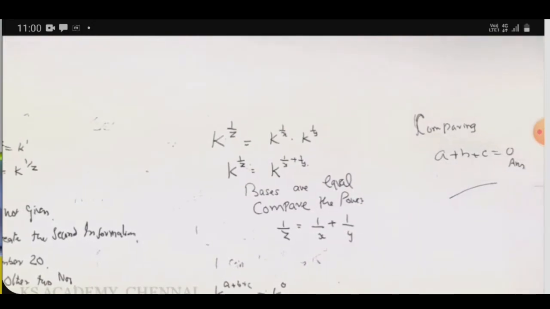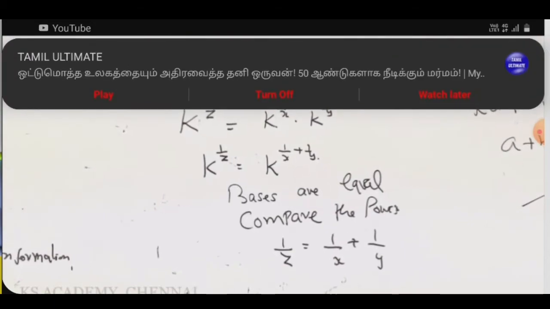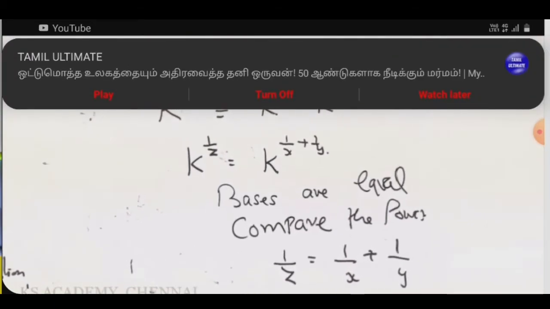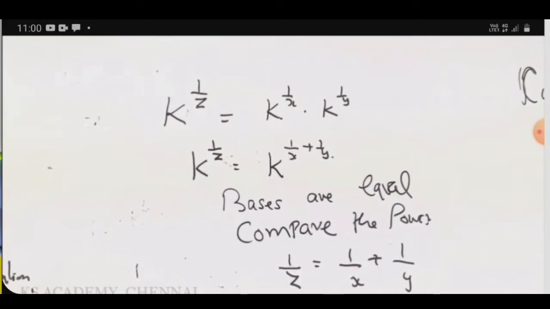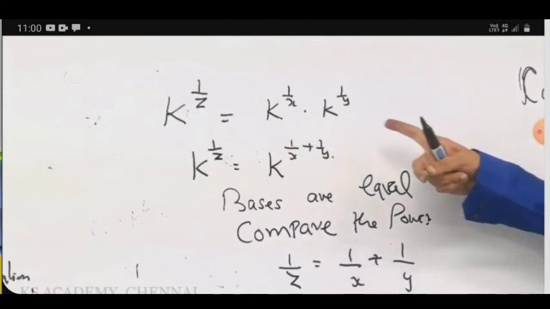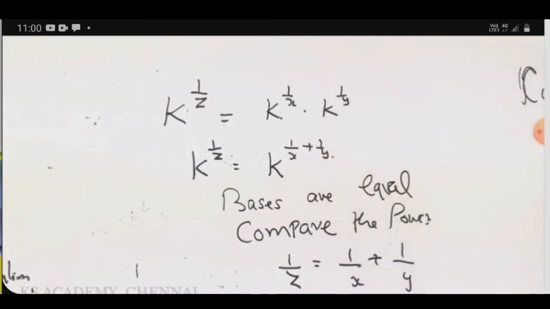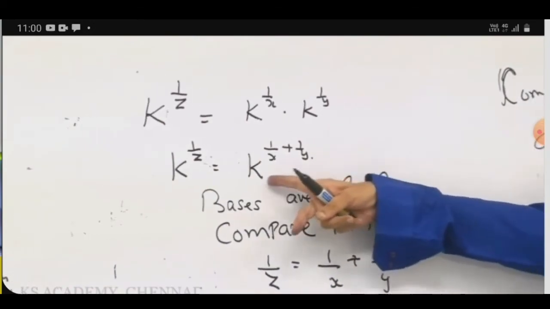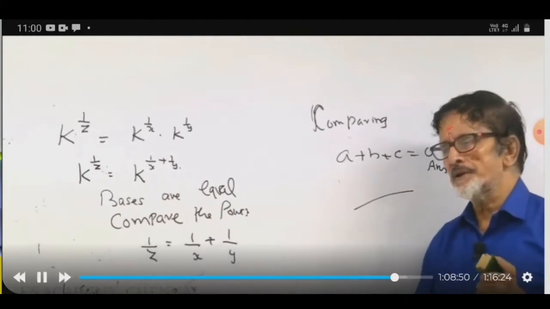Compare: left hand side single base, right hand side also single base. Comparison is permitted. In the earlier step you cannot compare; don't write 1 by z is equal to 1 by x. Comparison is not permitted there because of double base, two bases. Here, single base on left and right, comparison is permitted.